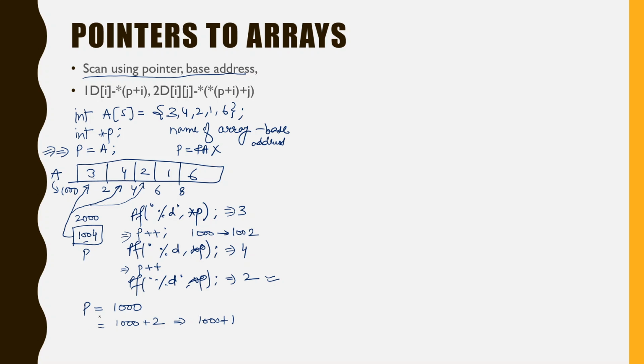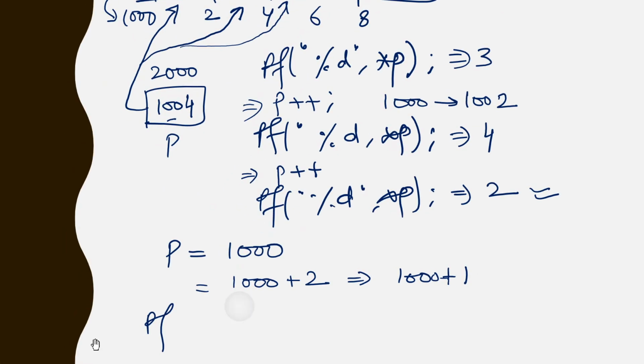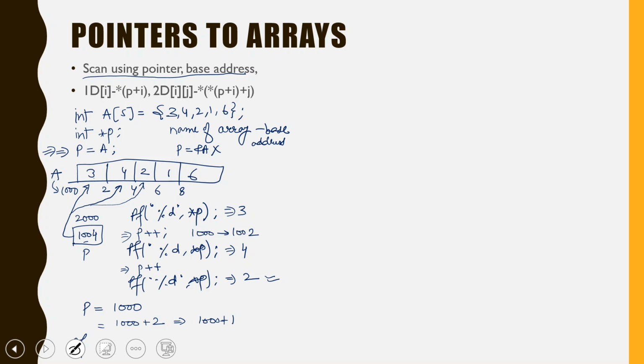If I want to access any variable directly, suppose I want to print this. I will write printf percent d, and in this percent d, I want to print this a2.